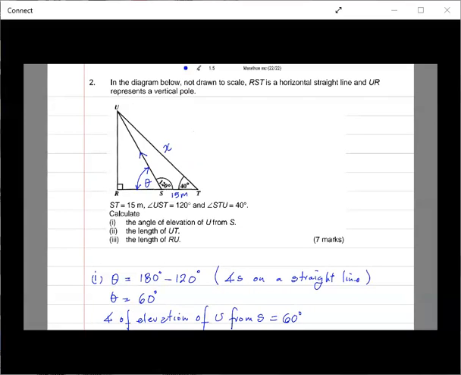The only triangle that we know 3 things about is triangle SUT, so we have to use this triangle to find the length of UT. That triangle is a non-right angle triangle, and the tools for solving a non-right angle triangle are the sine rule and the cosine rule.